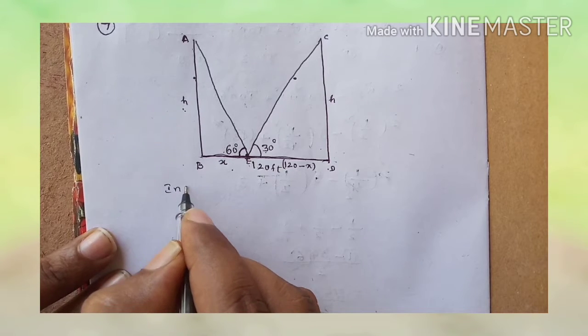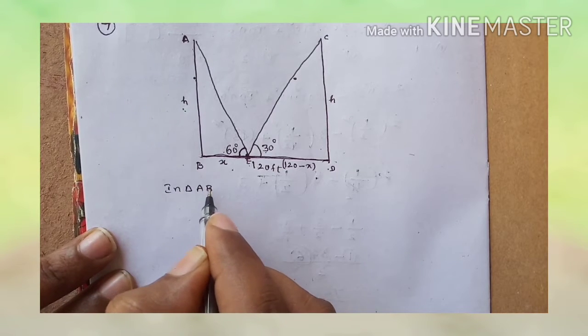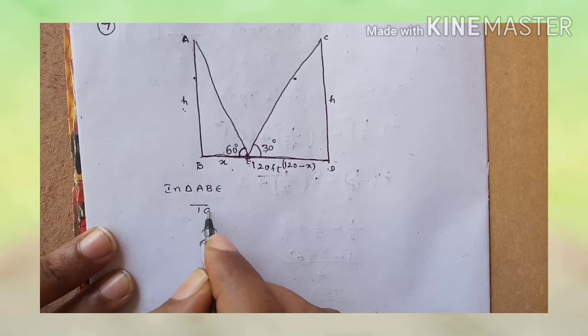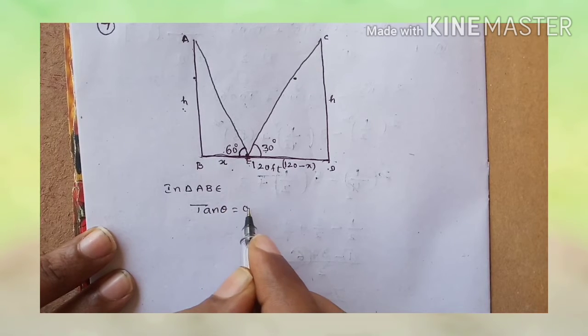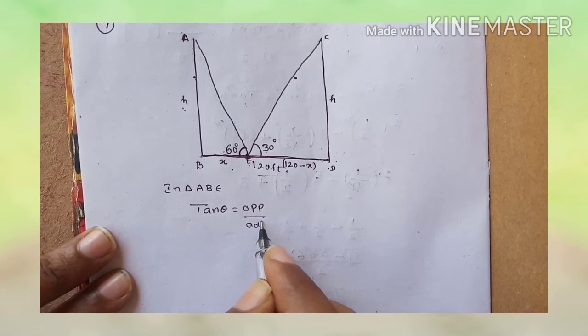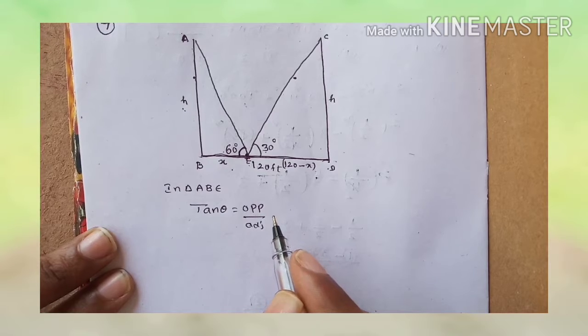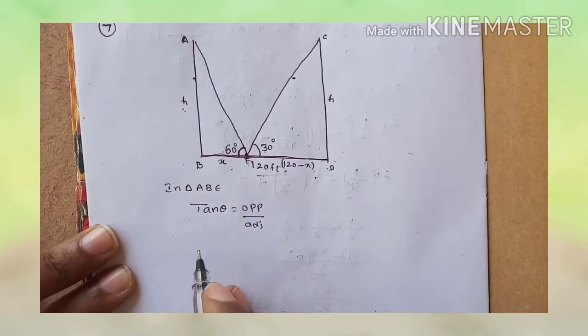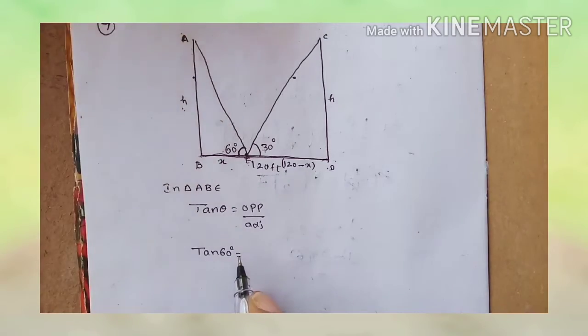In triangle ABE, we can apply tan theta equals opposite side by adjacent side. Here theta is 60 degrees.